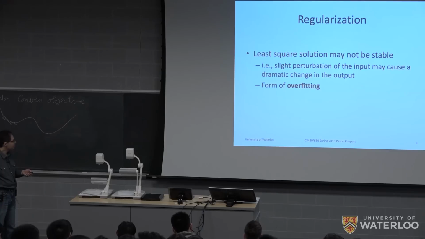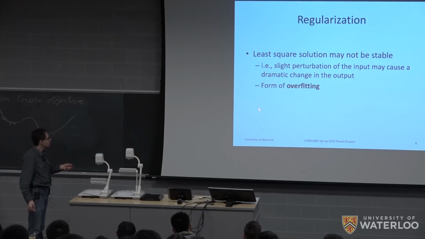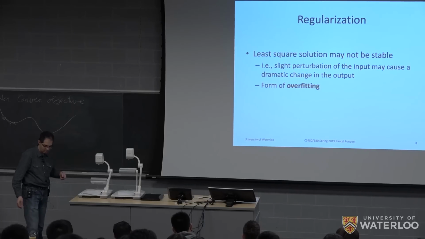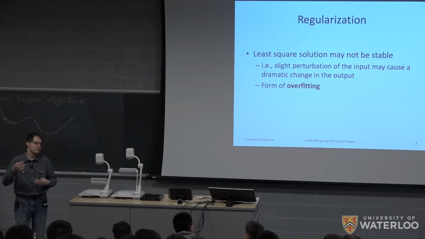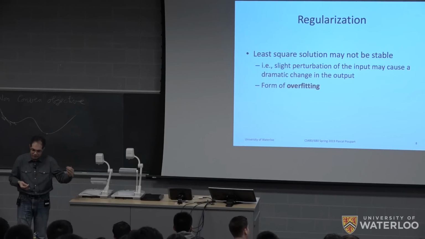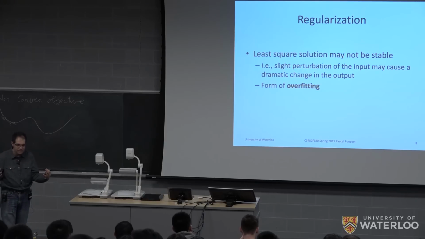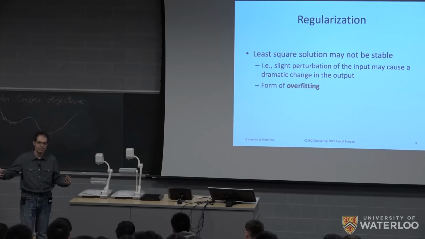Now, when this happens, it's often related to what we discussed as overfitting, right? Because if I make some small perturbations to the input, it means that perhaps there's some noise that creeps in. Maybe it's due to some measurement errors, and my data is not clean. I would like to find a solution that is not going to be impacted by this.